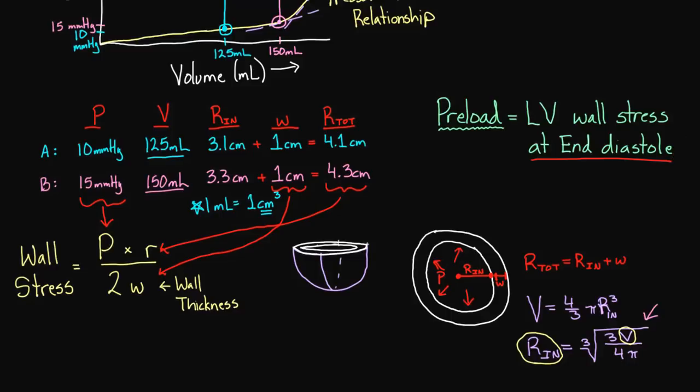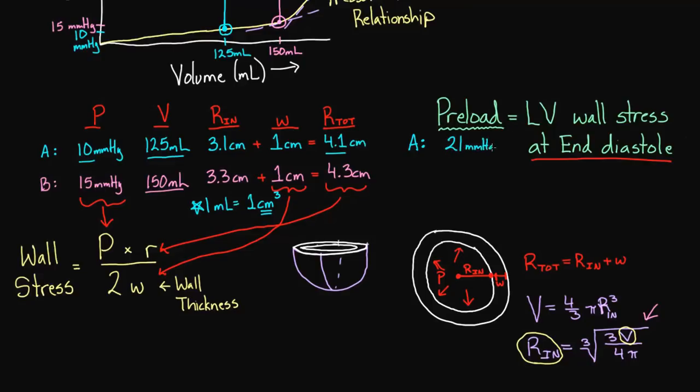Let's do situation A first. In situation A, we have 10 times 4.1, so that's 41, divided by 2 times 1. I'm just going to give you a round number: this is about 21 millimeters of mercury.